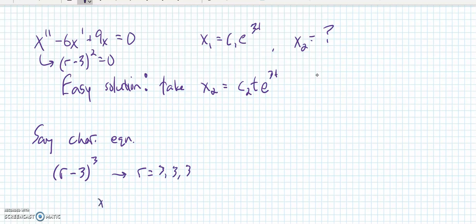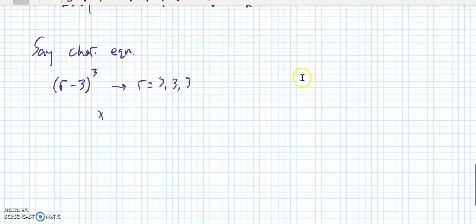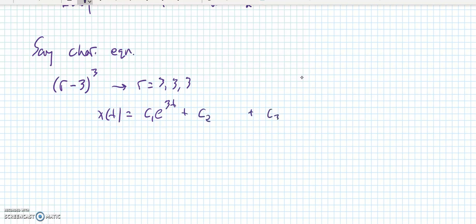Well, I think you should see that the first one, x of t, is going to be c1 e to the 3t. That's my x1, plus c2 times something, plus c3 times something. Well, what's c2 going to get multiplied? t e to the 3t.